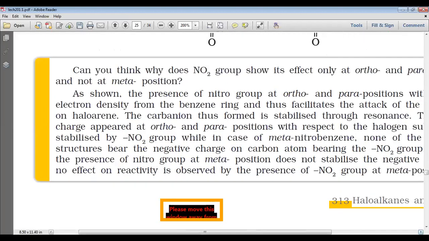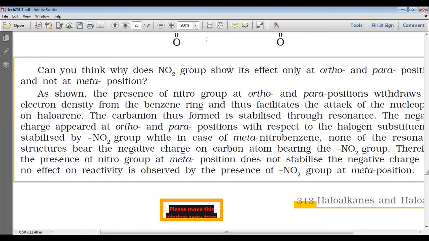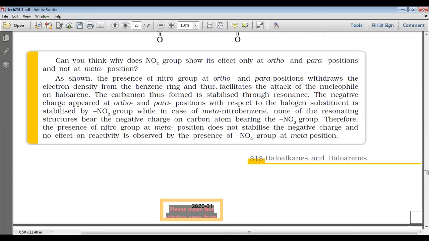That is what is written here, my dear students: the presence of nitro group at ortho and para position withdraws the electron density from the benzene ring and thus facilitates the attack of nucleophile on haloarene. The carbanion thus formed is stabilized through resonance.